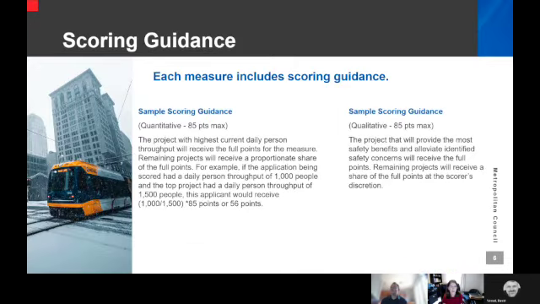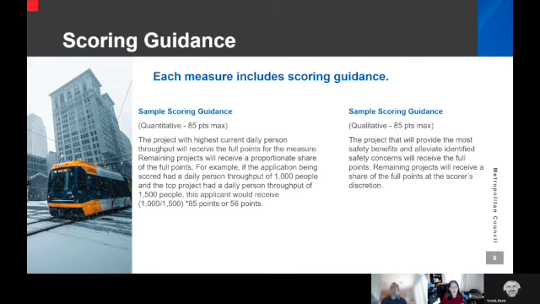Each scoring measure includes scoring guidance that informs applicants on how the measure will be scored and instructs scorers on how to score the project. Scoring guidance, along with the effort required by the scorers, varies greatly from measure to measure. The example on the left is quantitative, and the scorer's effort involves awarding full points to the top score and weighing the rest of the scores proportionally to the top score.